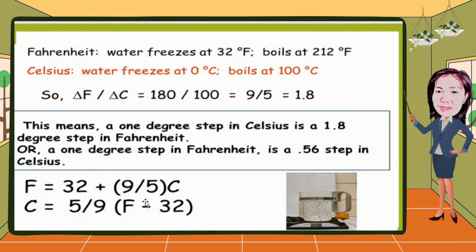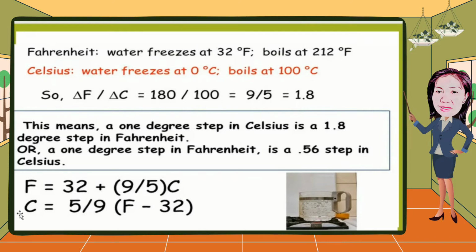So the equation in converting Celsius to Fahrenheit is this one. Kaya nagkakaroon ng 9 over 5 in the equation. Kinuha yan dito. Okay? So the equation for Fahrenheit, if the Celsius is given, is 32 plus 9 over 5 times the amount in Celsius. So ito yung formula, ito yung equation na gagamitin natin pag given ang Celsius. Okay.